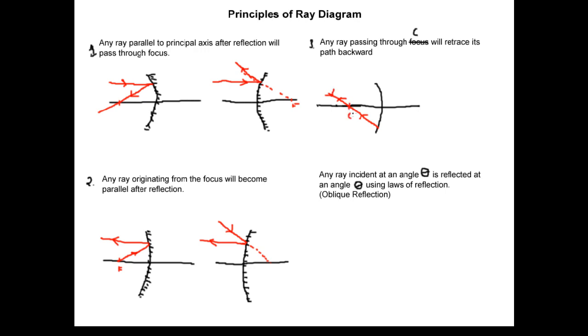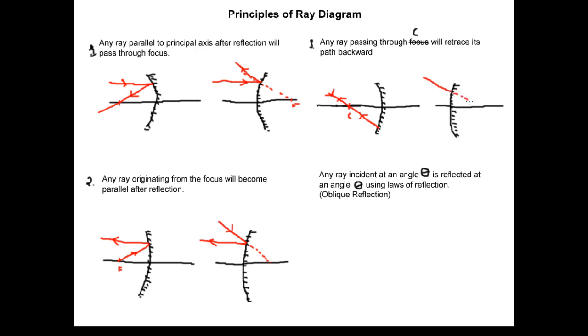What would it be in the case of a convex mirror? Let's say this is the convex mirror. Same thing. We'll take the ray here. This is C. It will retrace backward. This is the third law.